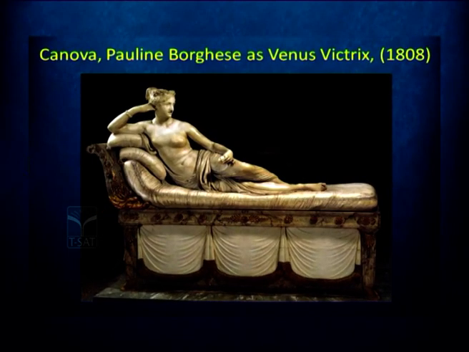After painting, we can see a sculpture here by Canova. Canova was Napoleon Bonaparte's favorite sculptor, and he did many sculptures for him. And this particular sculpture was actually of the sister of Napoleon, right.